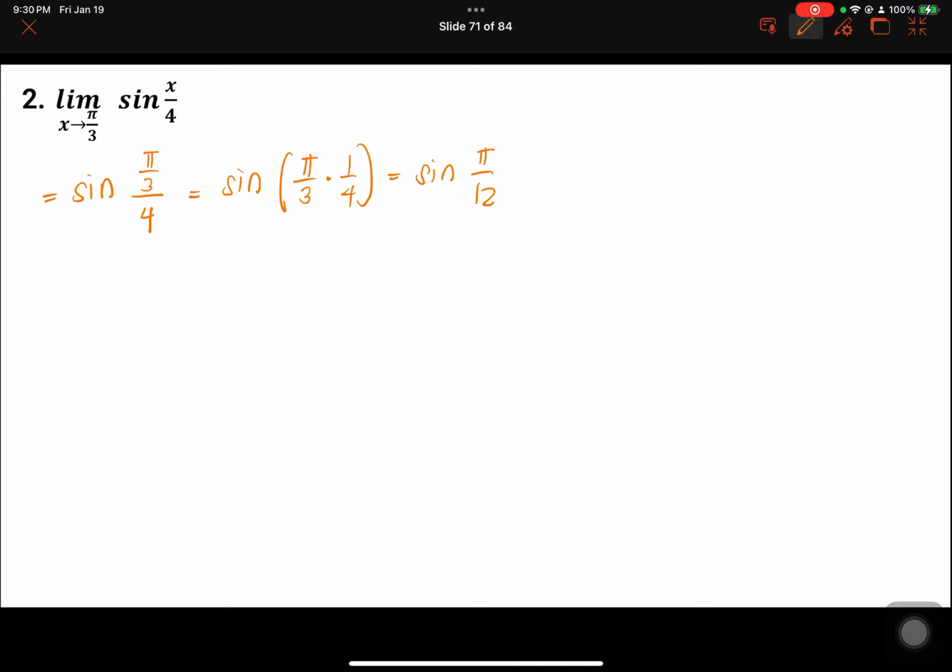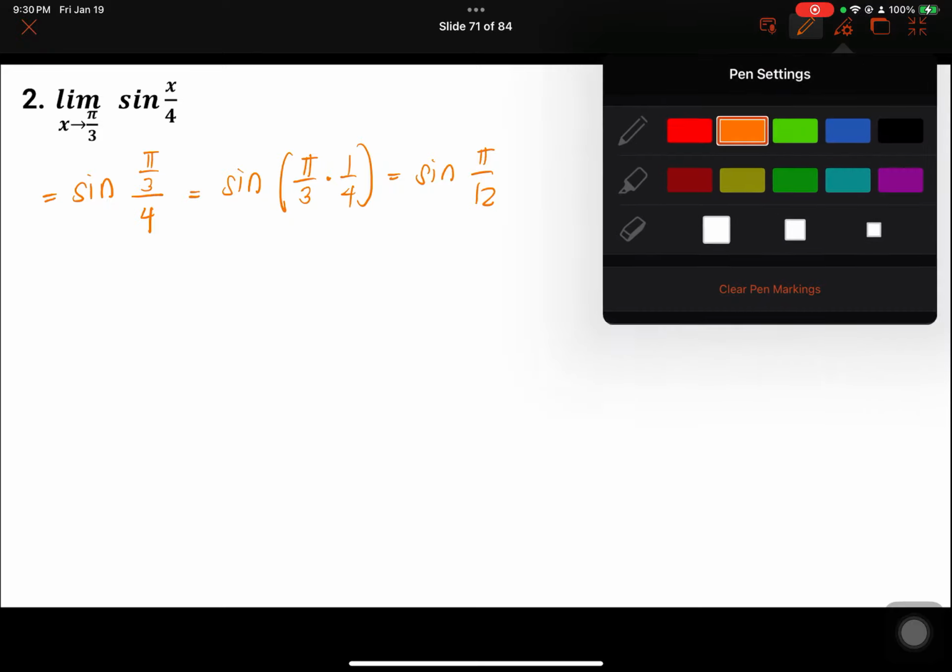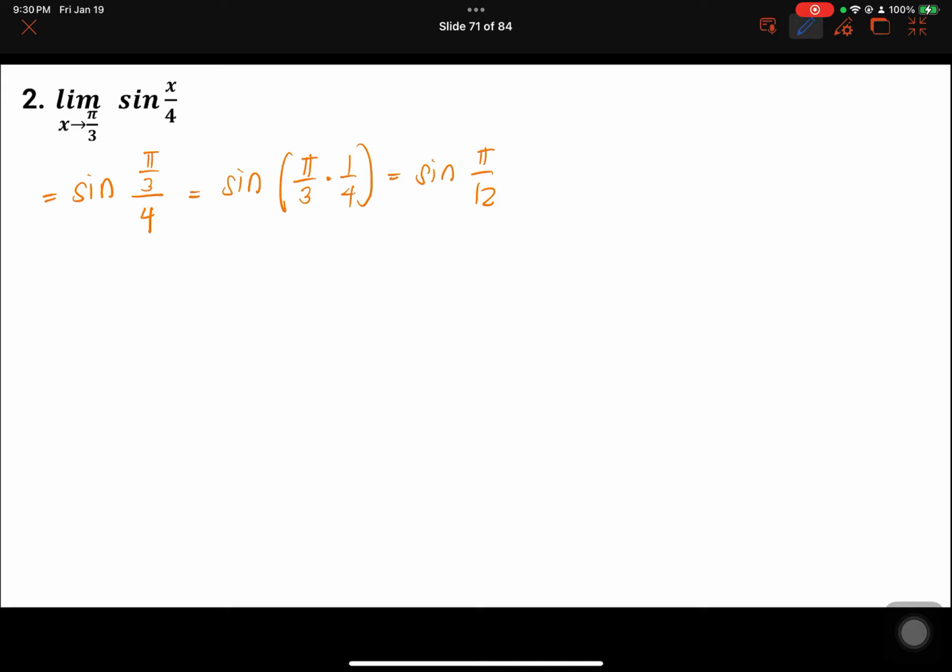Anong identity kaya to? If you can recall, so we can use the trig identities, ang tawag dito ay sum and difference, if I can recall. Double check natin.